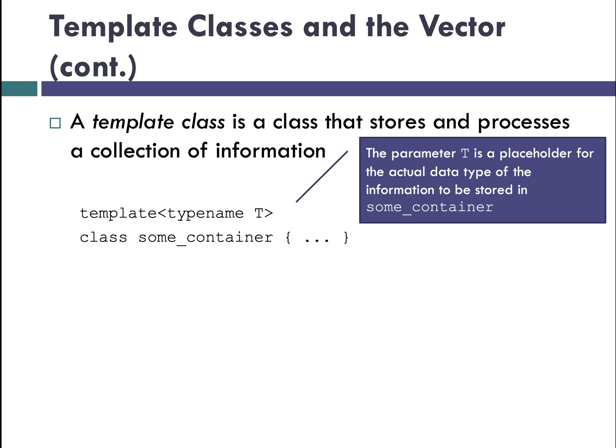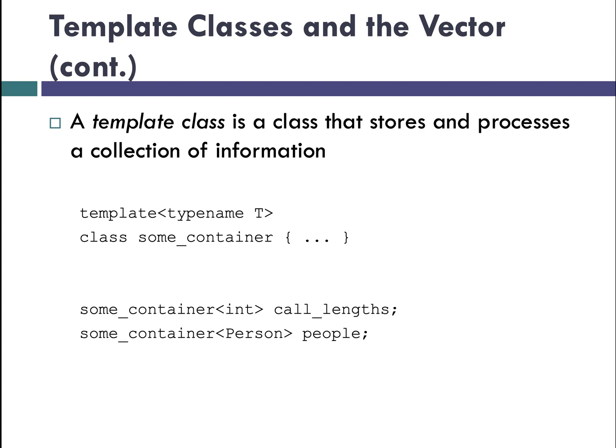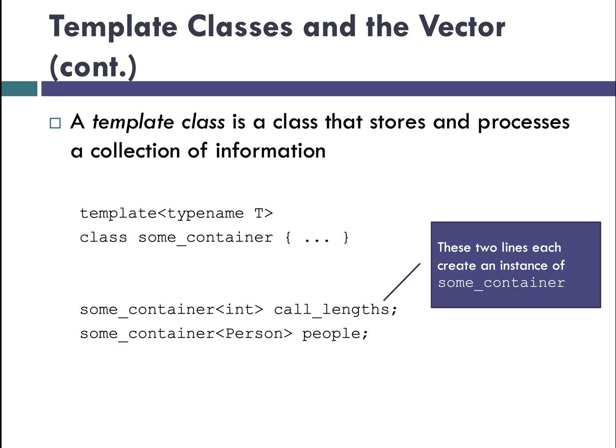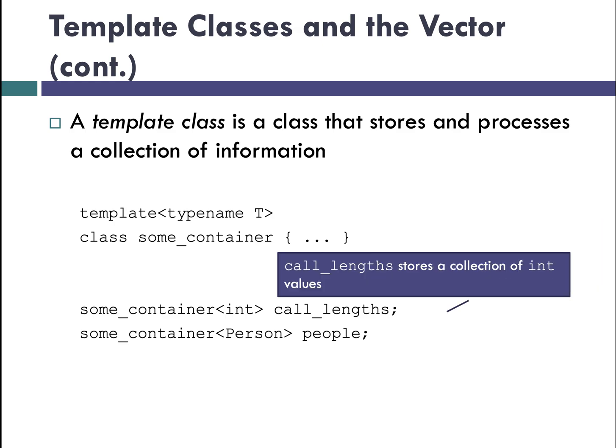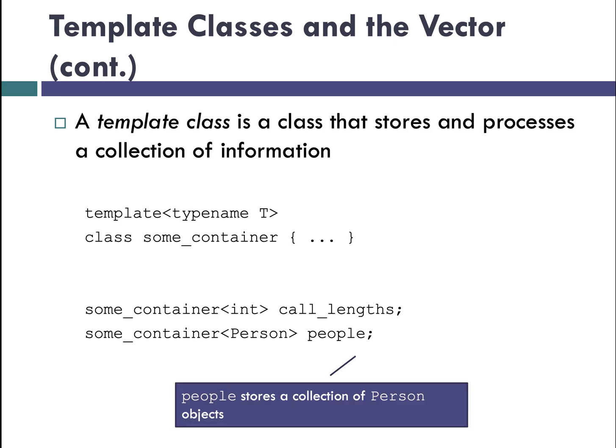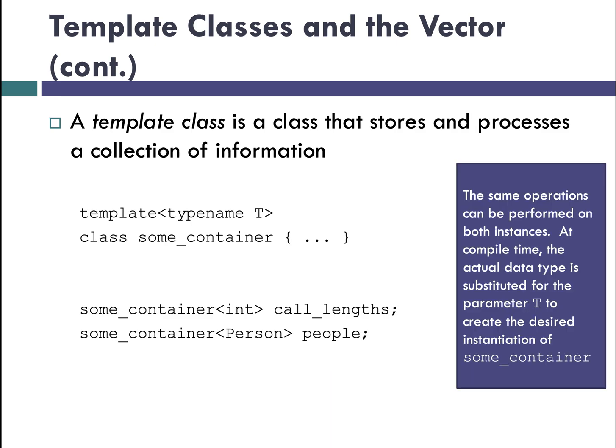If we put int in there, then any place inside our container definition that used T, we would substitute an int. But we could also use it for a custom object like a person. That's an indication of templates, and we'll talk a lot more about them throughout the semester.